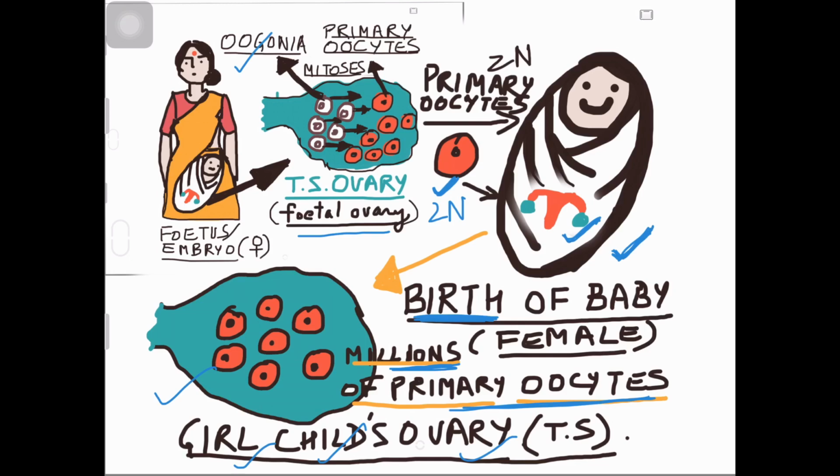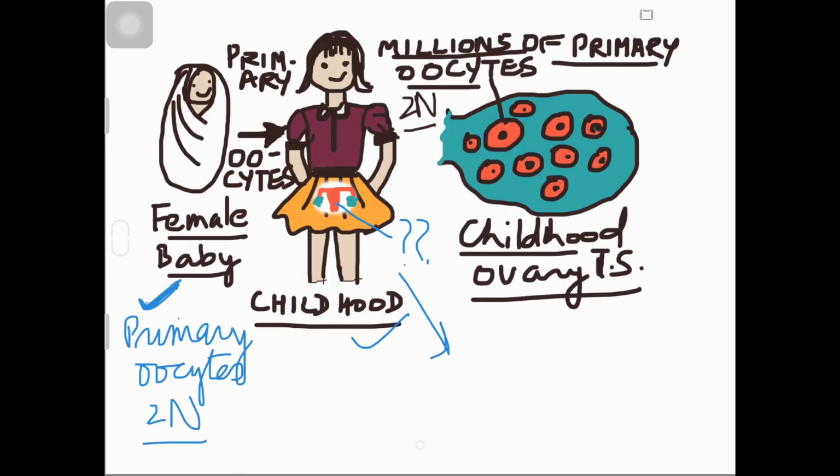And once they are formed from the fetus, whatever number are passed, they are passed. No further production ever occurs in the born child of these primary oocytes.